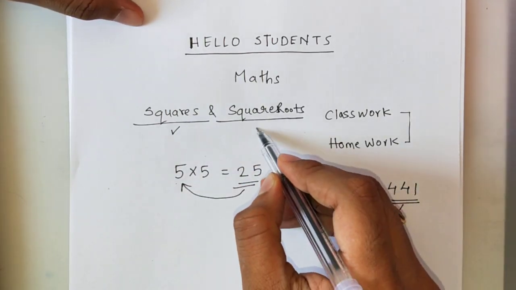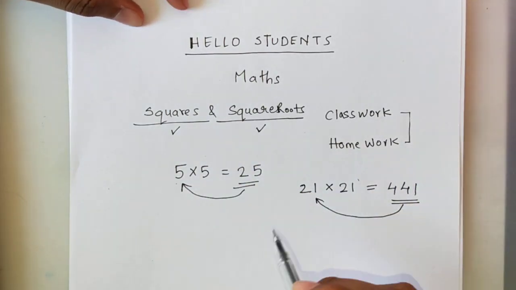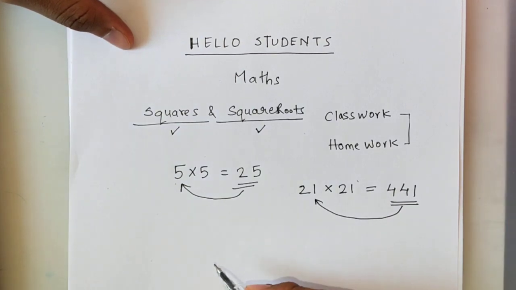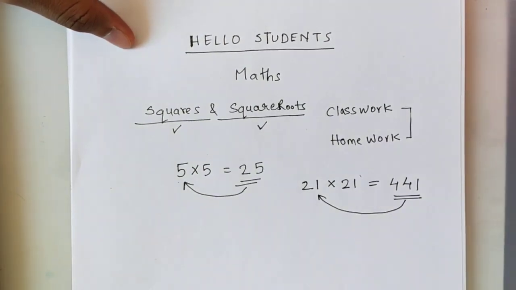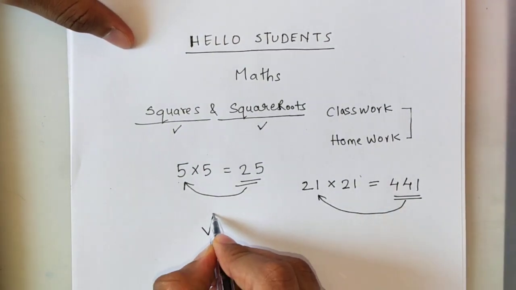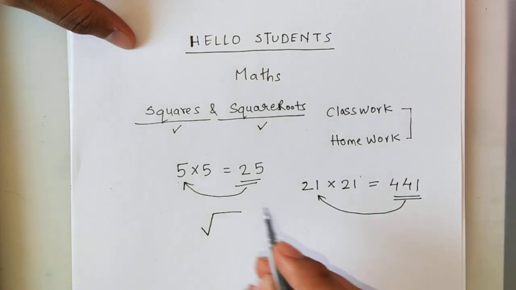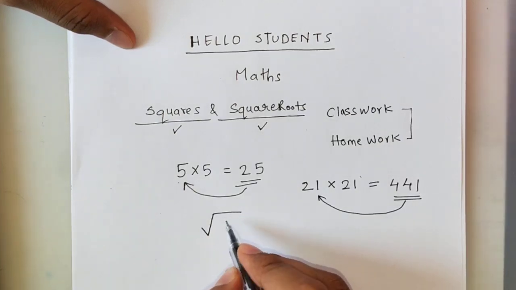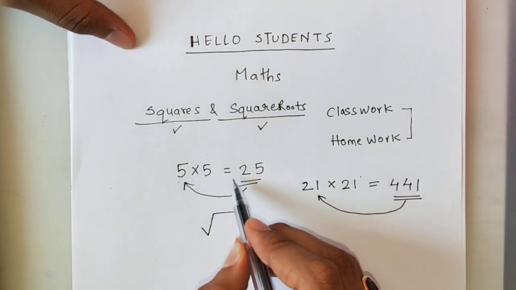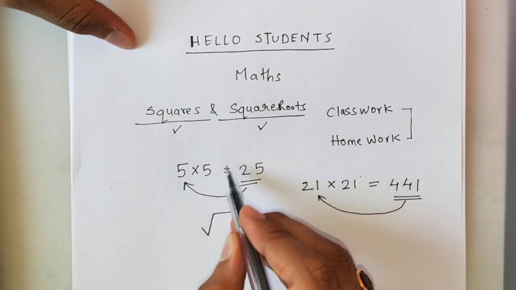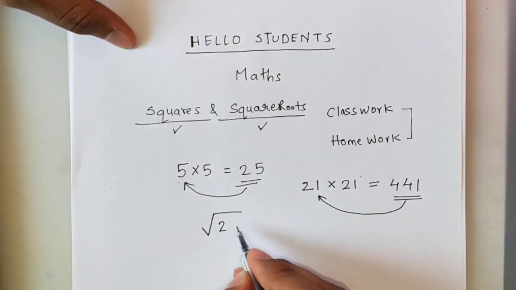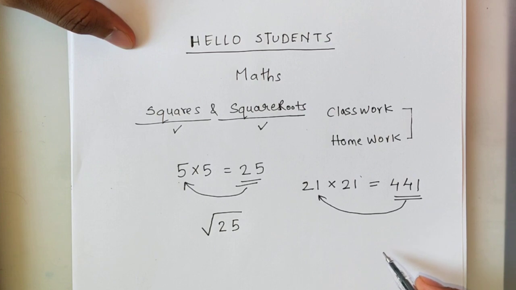Now let's understand what square roots are. First of all, the sign of square root is this. This is the sign of square root. Whichever number you want to find the square root of is written inside this sign. Let's say I want to find the square root of 25. So I'll write 25 inside this sign.